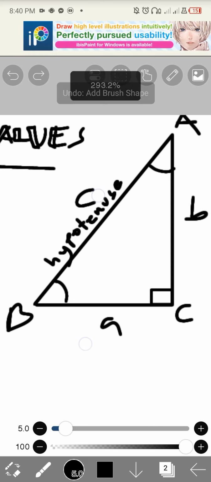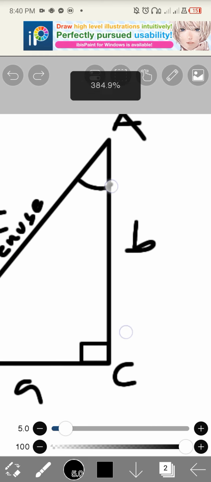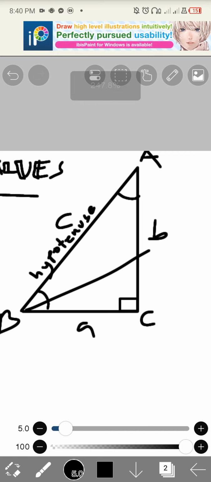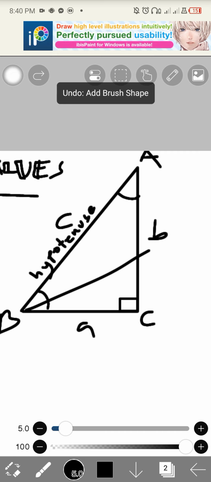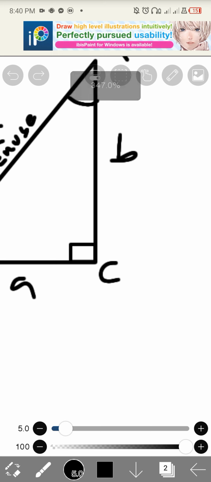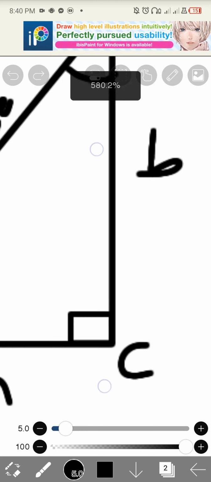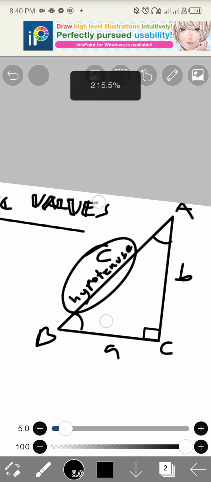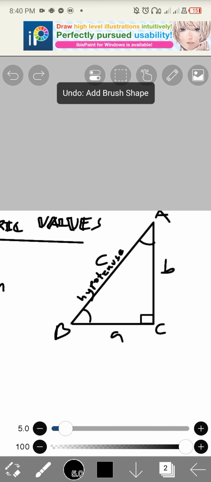Tanaw nimo unsang nasa atbang niya, side B. It means ang opposite sa angle B is side B. So what about sa C? Dili na siya applicable since ang opposite side man niya is ang hypotenuse. So all we really need to find the opposite side is for angle A and angle B.